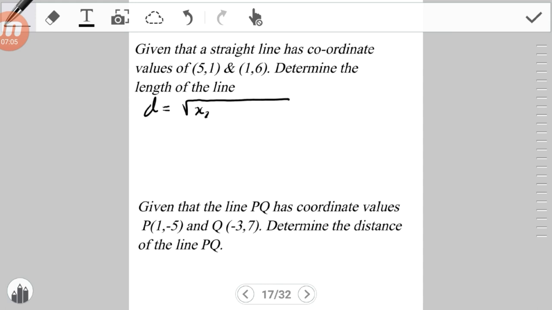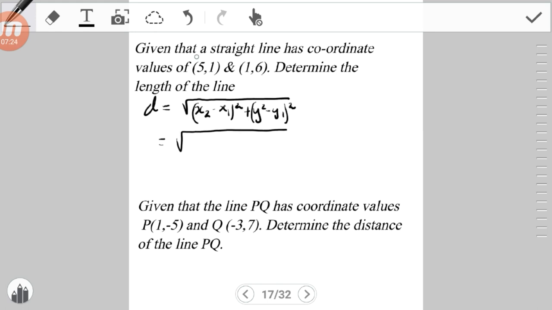of x2 minus x1 squared plus y2 minus y1 squared. Okay, so that is then equal to the square root, and then we're going to begin to name our coordinate values. So we could say that this is x1, this is y1, this is x2, this is y2.